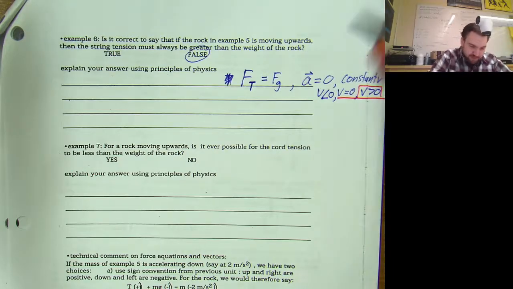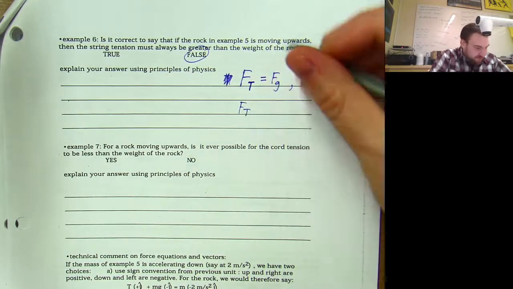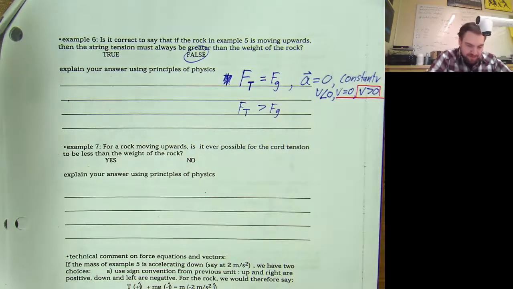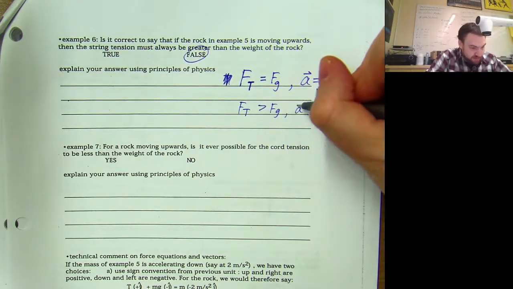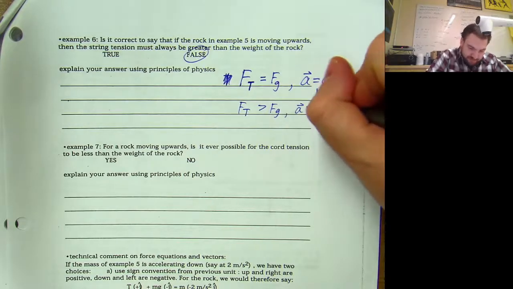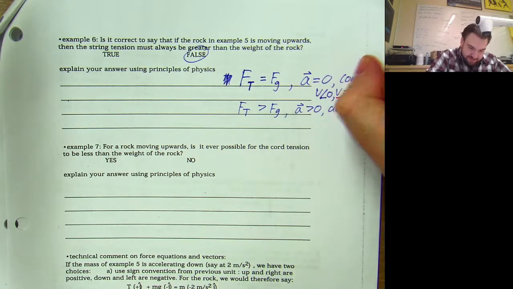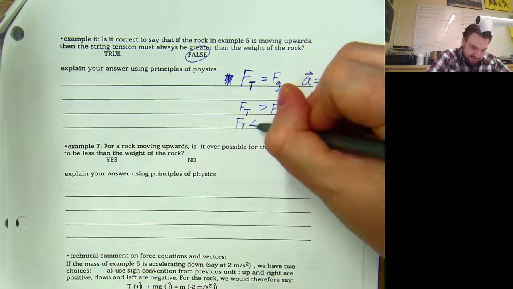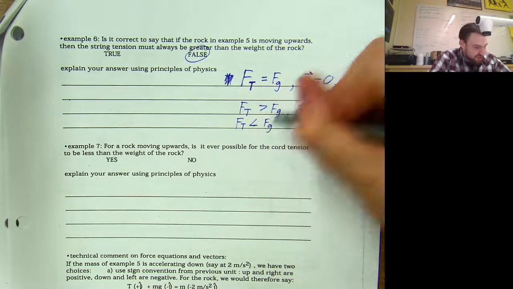You could also have the force of tension greater than the force of gravity. What that means is that the acceleration would be greater than 0, so this object would be accelerating. But you could also have the force of tension less than Fg.